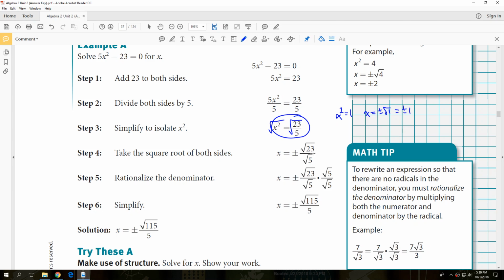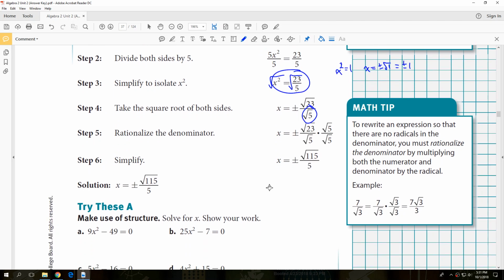However, this is not an acceptable answer because you have a radical in the denominator, so you have to rationalize by multiplying top and bottom by that square root. You'll end up with square root of 23 times square root of 5 is square root of 115, and then square root of 5 times square root of 5 is square root of 25, which is 5. That's why 5 pops out of there.